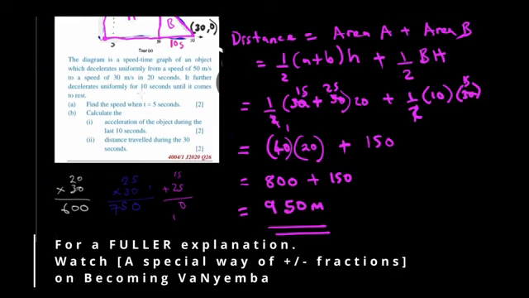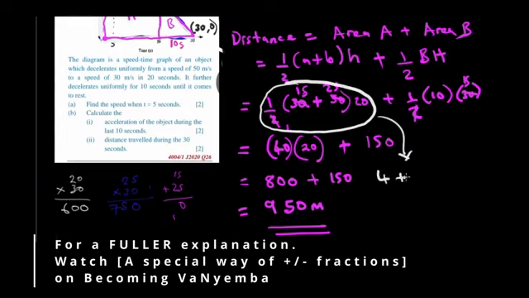So I know there might be confusion as to what I really did here. What I did here was, if we have, for example, 4 plus 2 divided by 2, we can find this by adding first to get 4 plus 2, which is 6, divided by 2, and our answer will be 3. Or what we do is, this 2 becomes a factor which gets into both 4 and 2.